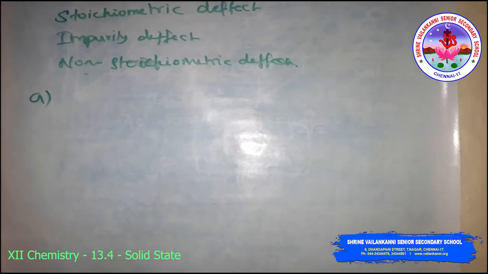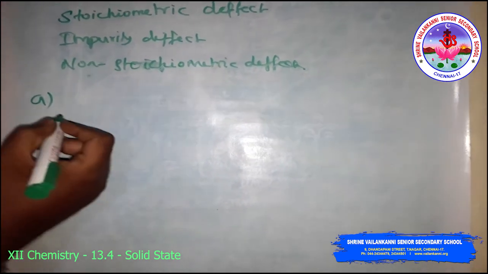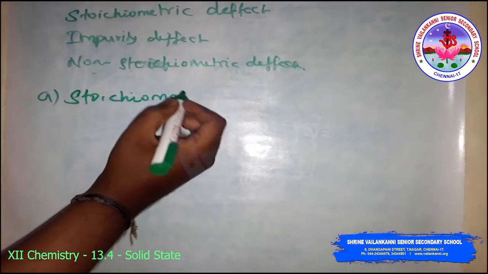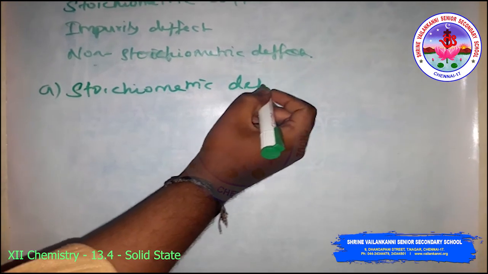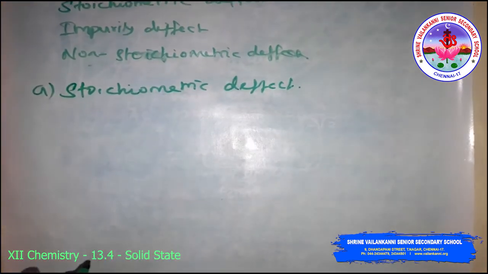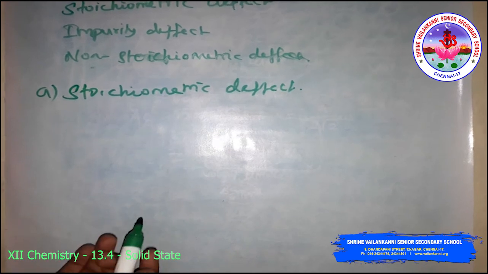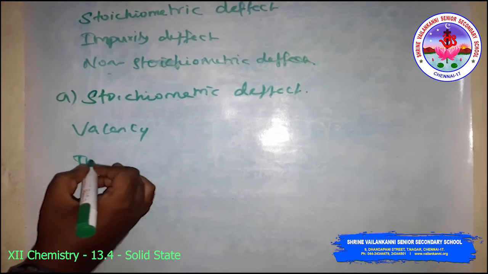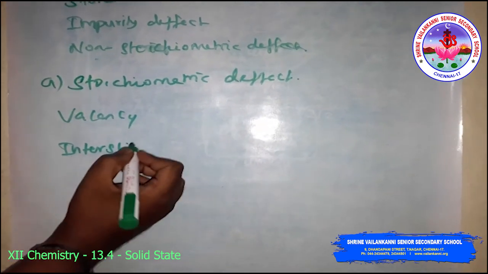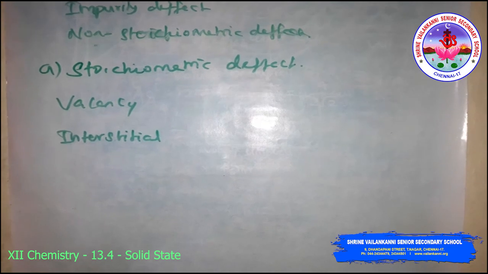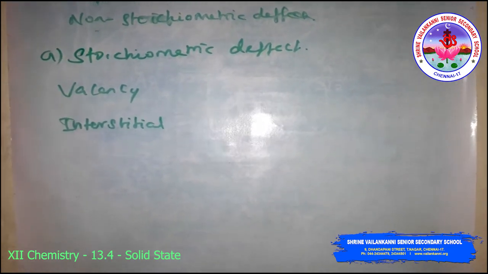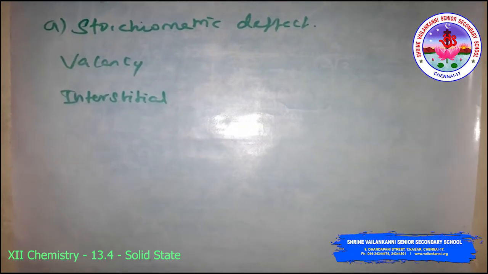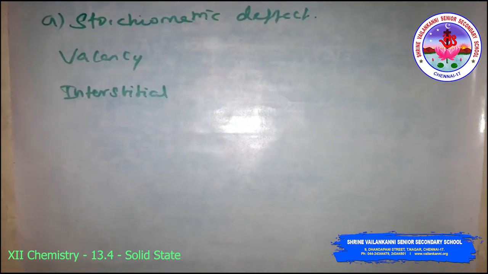Basically these have two types, the vacancy defect and the interstitial defect. First, the vacancy defect. When some of the lattice sites are vacant, the crystal is said to have a vacancy defect.